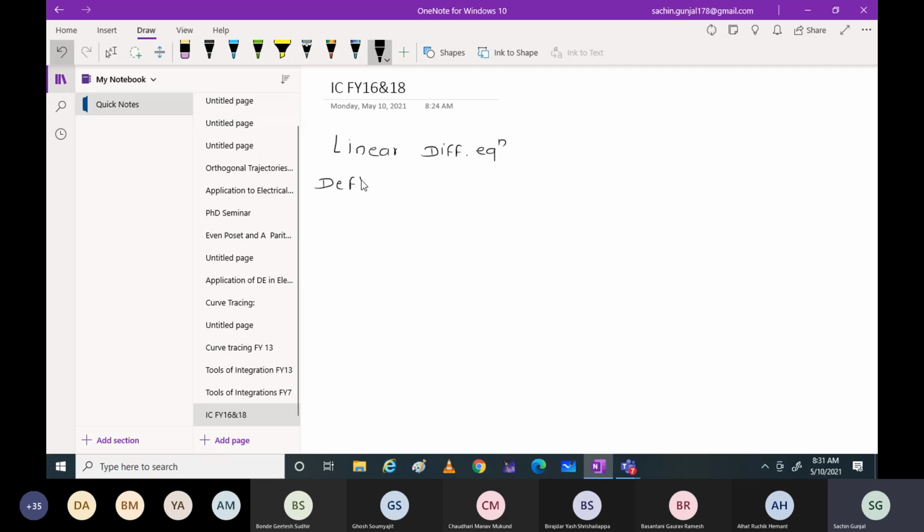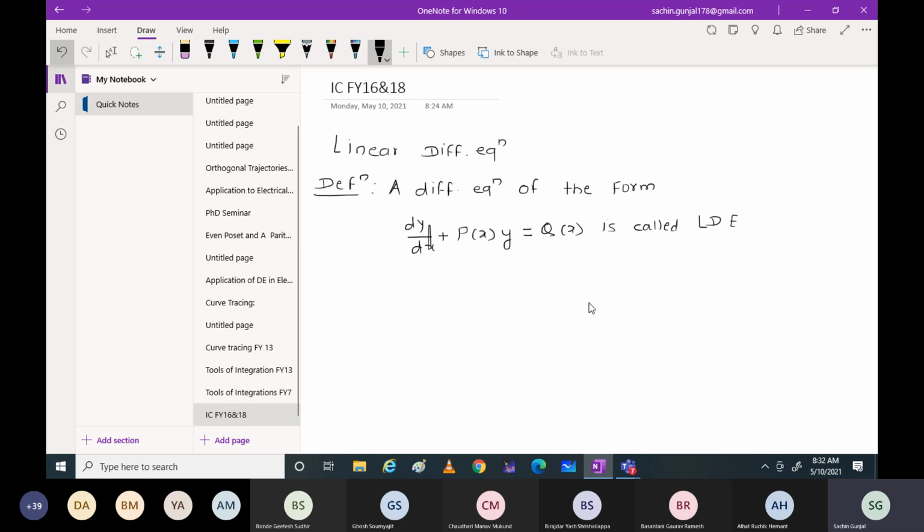So as you know from 12th standard, a differential equation of the type or of the form dy by dx plus P of x into y is equal to Q of x is called linear differential equation.